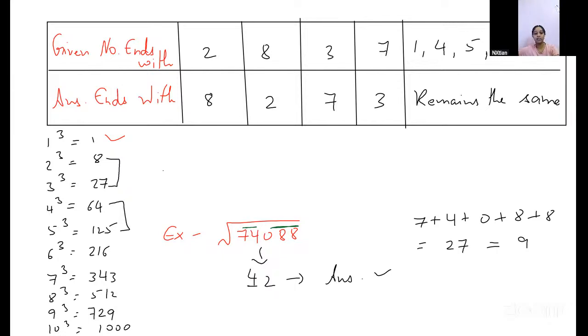Now let's try a 6-digit number. I have a question. Yes, Abraham. Ma'am, the reason they don't give 3-digit numbers, is it because from 1 to 10 we are only seeing 3-digit numbers, and after that there will be no more 3-digit numbers?